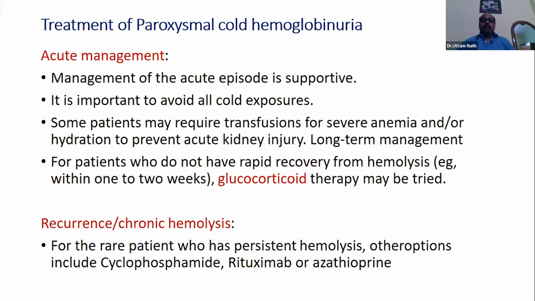So if it is DAT negative AIHA, and you are convinced, the patient is stable, an outpatient, you can try steroids. Later you can try rituximab, provided you have ruled out other differential diagnoses.